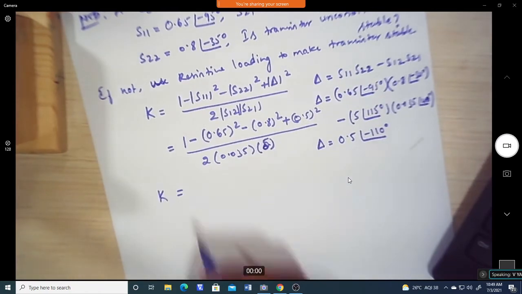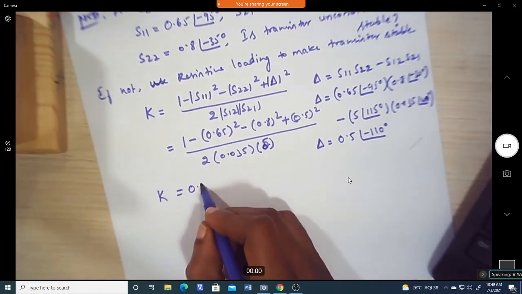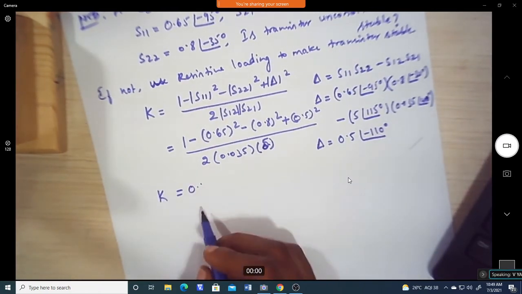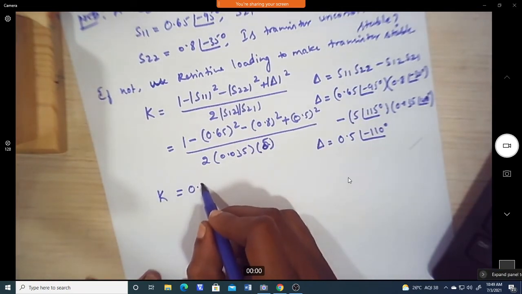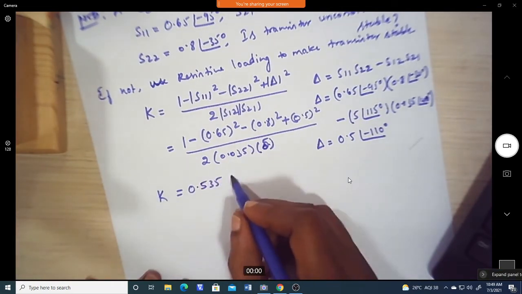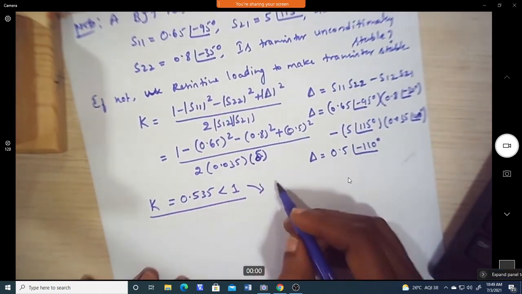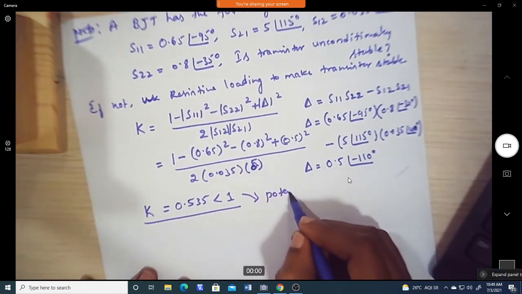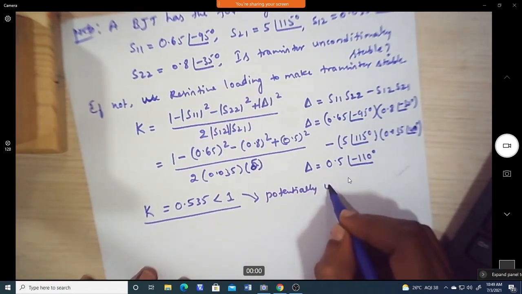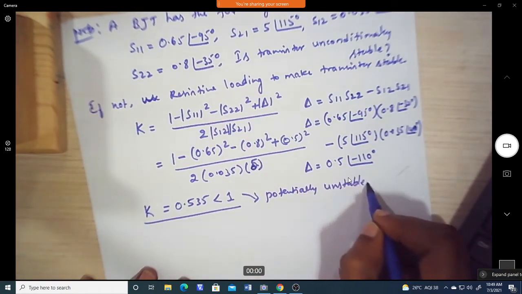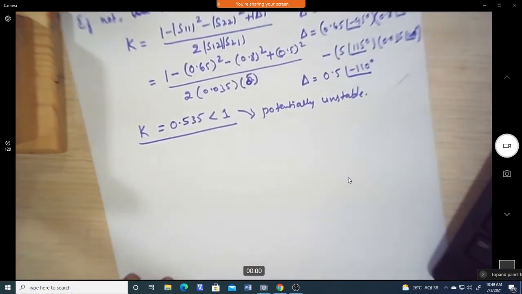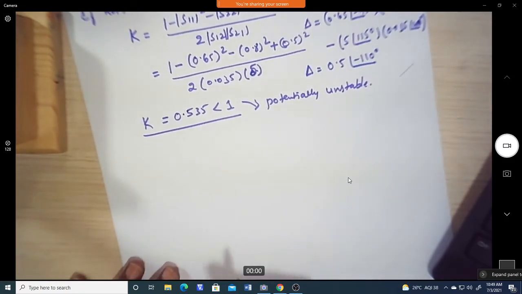K is 0.535. Since it is less than 1, the given device is potentially unstable. So now we have to make it stable. For that we need to draw the input and output stability circles.